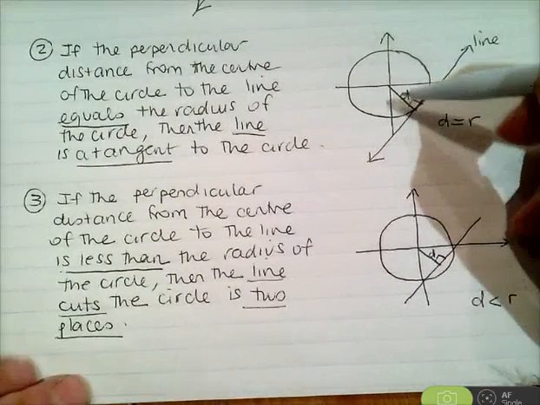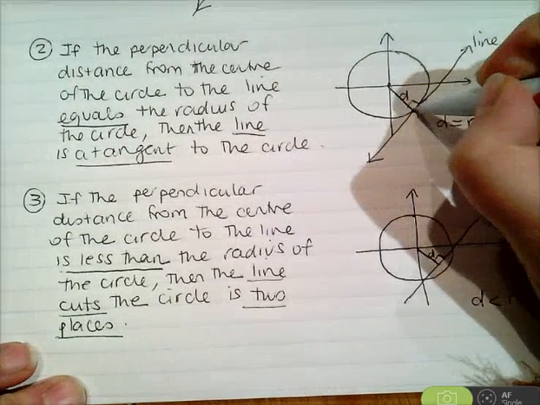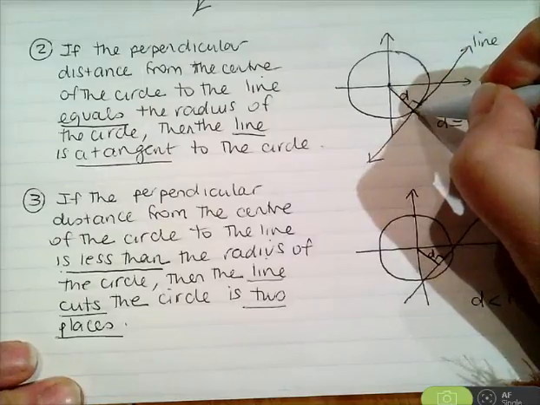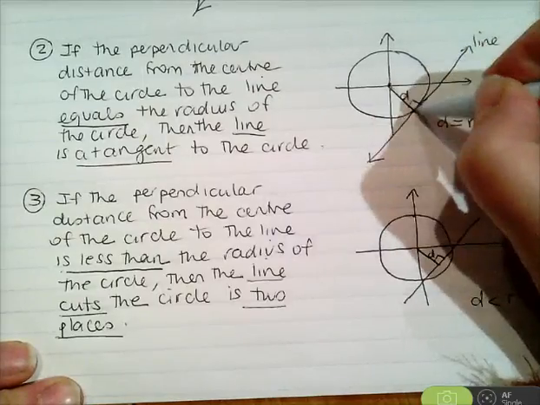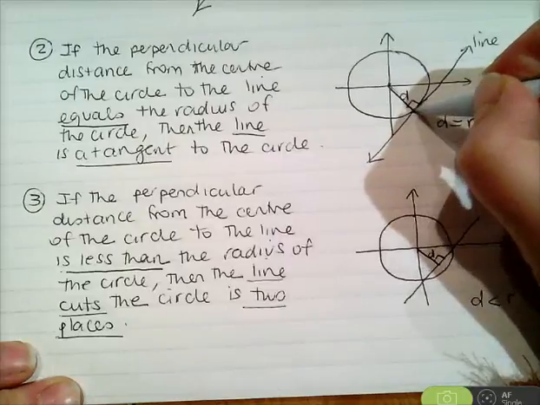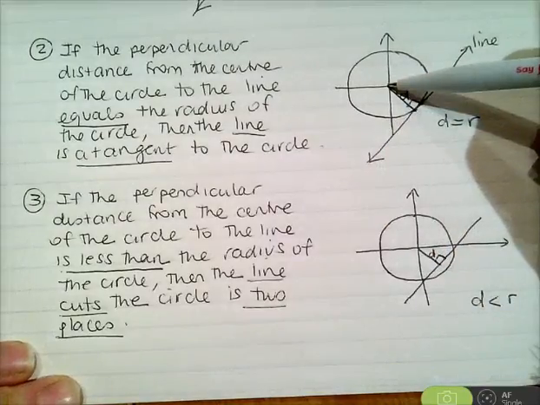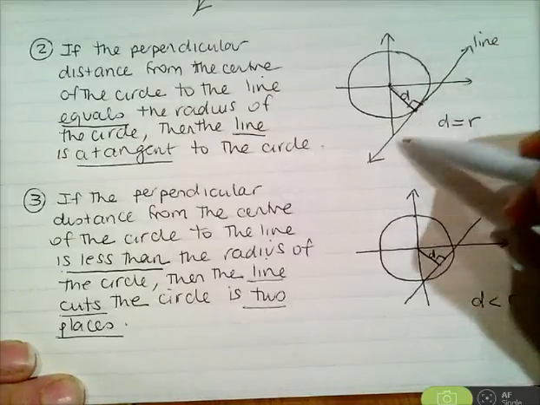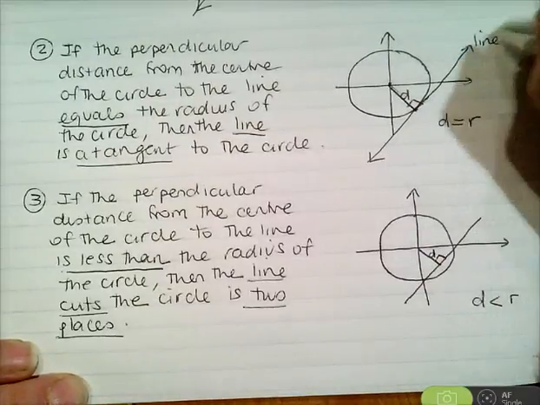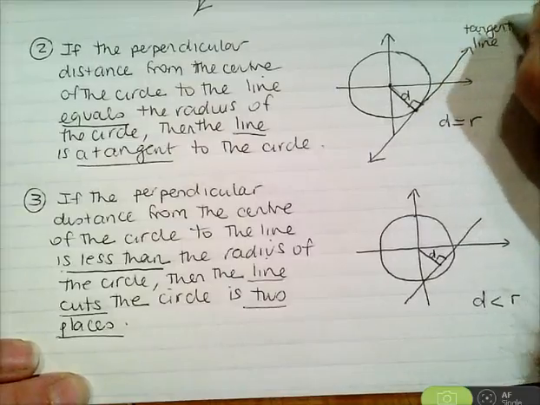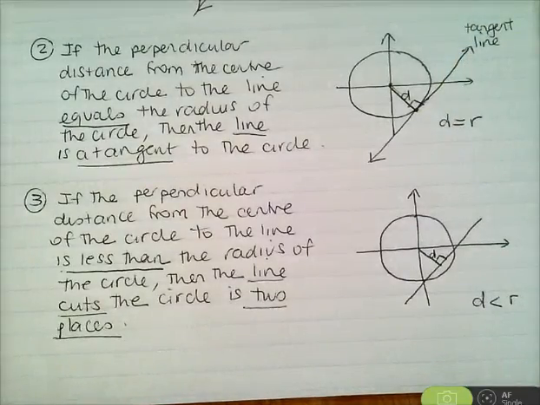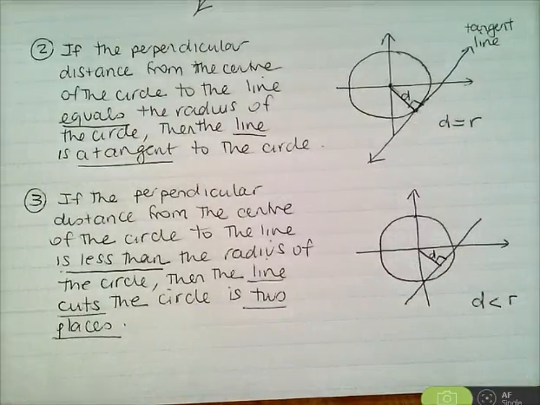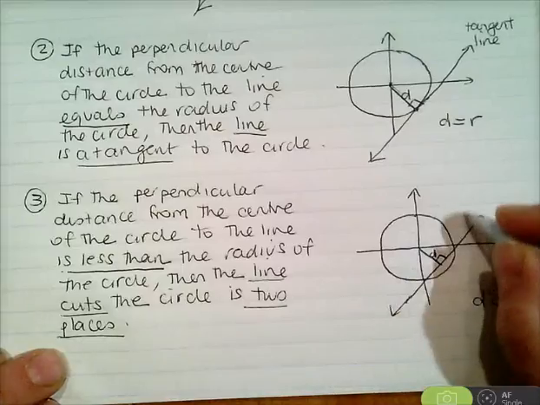So if the perpendicular distance from the center of the circle to the line is equal to the radius of the circle, now remembering that a tangent to a circle is always perpendicular to the radius at the point of contact, then this line will be a tangent to the circle. Remembering that a tangent touches the circle at exactly one point. Now the third scenario will be that our line will cut through the circle.